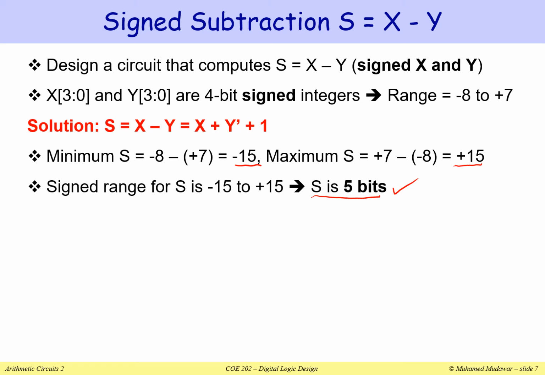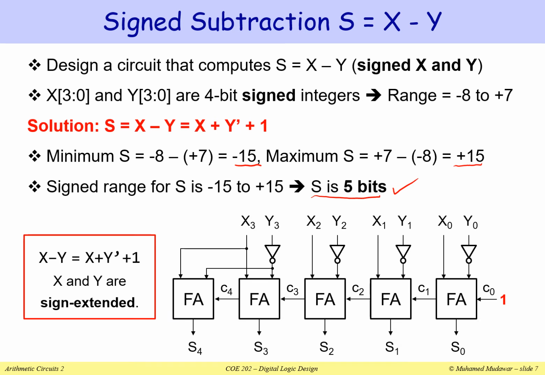But with 5 bits, you can go from -16 to +15, and we can represent the full range for s. So for this reason, we should have 5 bits for s, otherwise we might get an overflow. If we use 4 bits, you will get overflow. So for this reason, we are using 5 bits for this sum s.